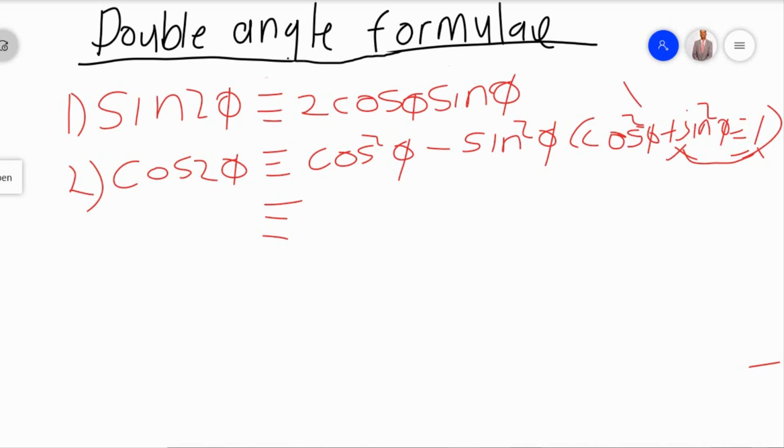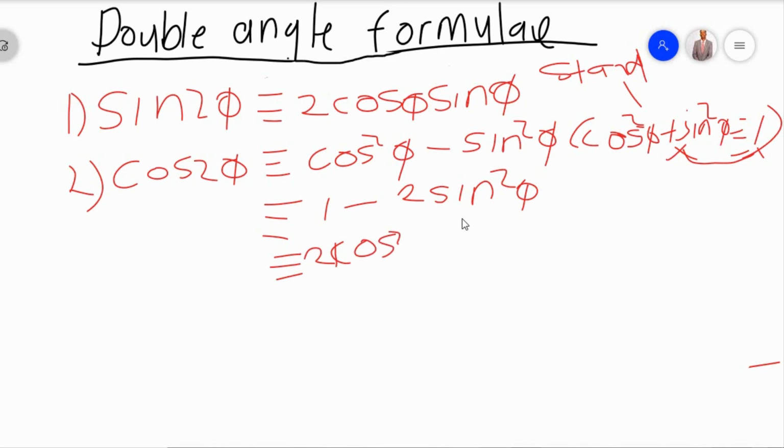I can substitute on cos squared theta, and this is going to give me 1 minus 2 sine squared theta. Also, if I do that on sine squared theta, I'm going to get 2 cos squared theta minus 1.